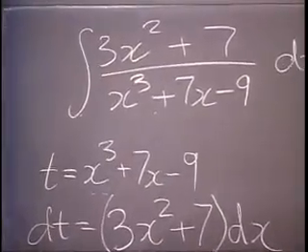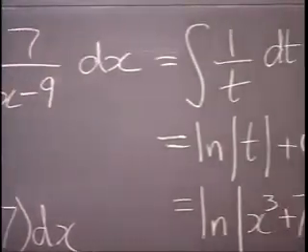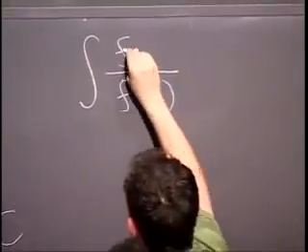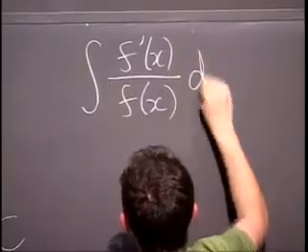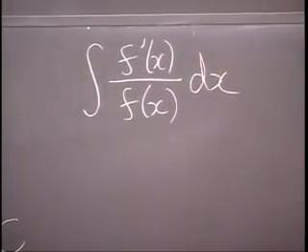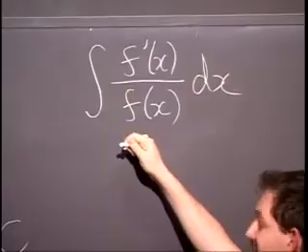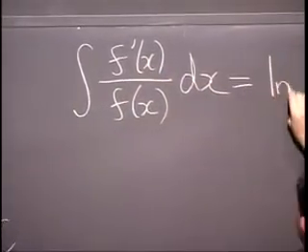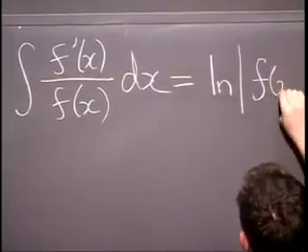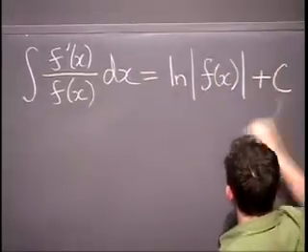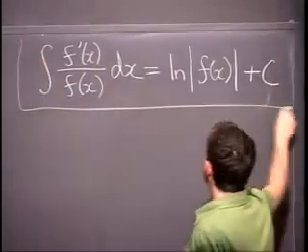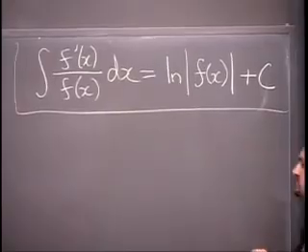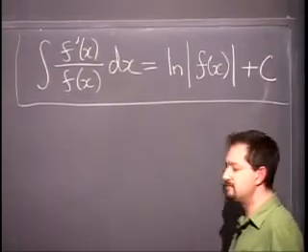So in symbols, if you have some denominator, call it f of x, and the top happens to be exactly the derivative, then the substitution t equals f of x is going to give you dt as f prime of x dx, and you will find that you just get the log of the absolute value of the bottom plus a constant. And that's sort of worth just memorizing, because you can actually save on a substitution. You kind of get used to these things, and you don't really even do a substitution.